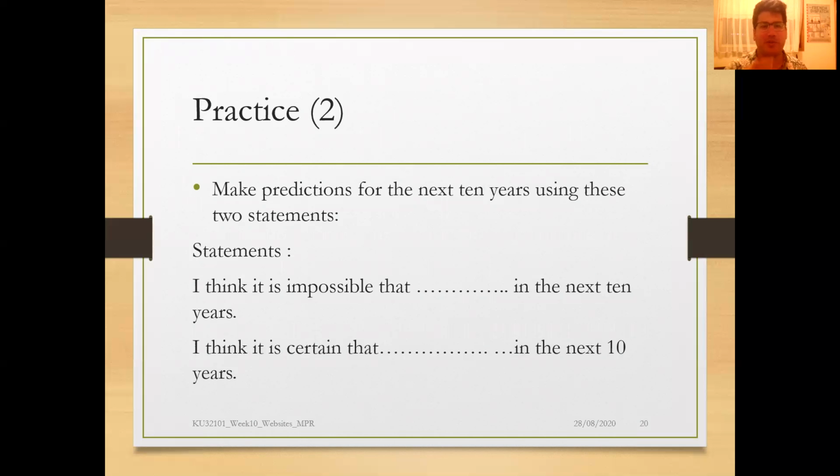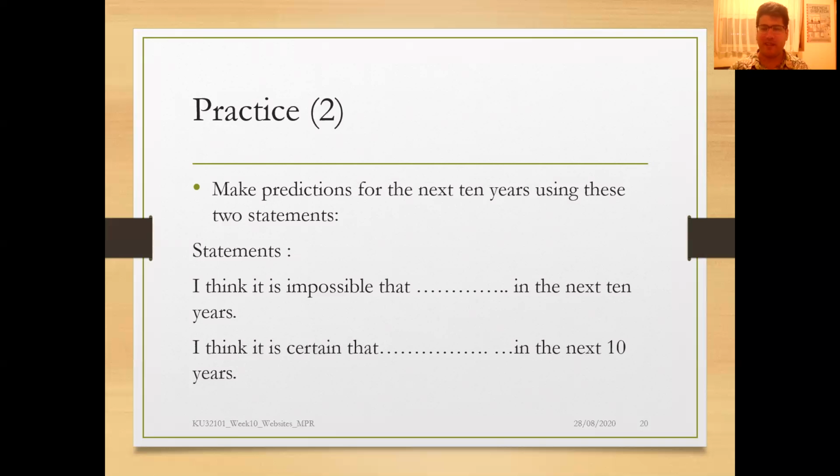And for practice 2, I want you to make predictions for the next 10 years using these two statements. Okay, so when we predict something or make a prediction, we're saying what's going to happen in the future. So we have two statements here. I think it is impossible that in the next 10 years, and I think it is certain that in the next 10 years.